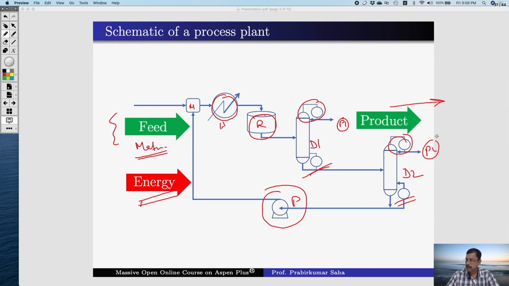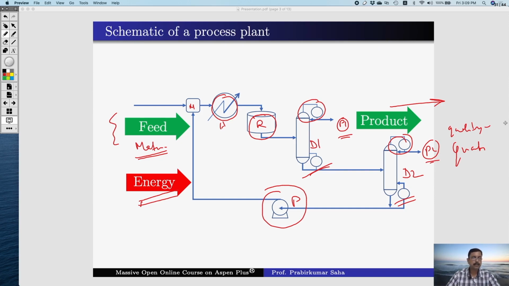So ideally, we have to make sure that these products are up to the desired standard of their quality and quantity. In other words, we have to make sure that the product flow rate and its quality is maintained.